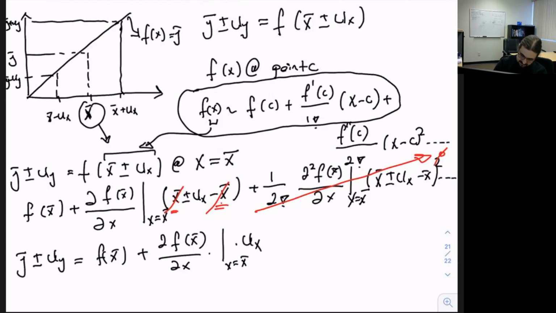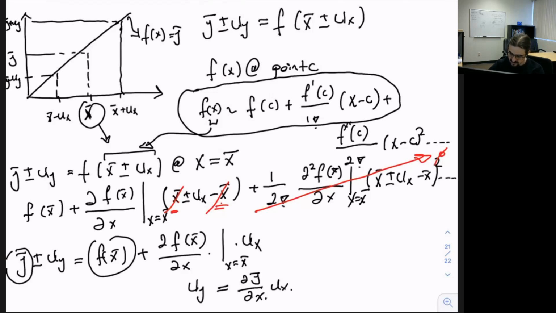Since we know that y bar was defined by f(x bar), that means that uy is dy bar/dx times ux. Okay, so basically this is the uncertainty estimation of y based on the approximated value of uy, based on the ux that has been propagated.